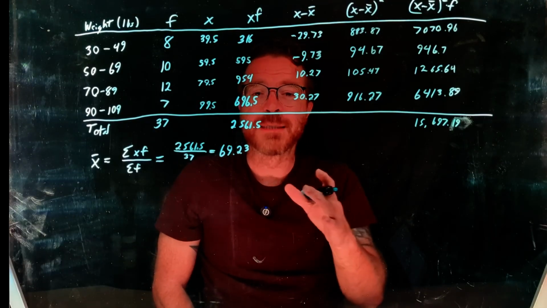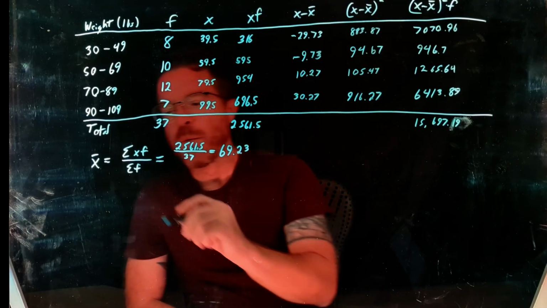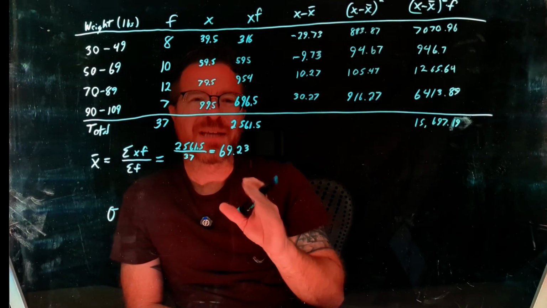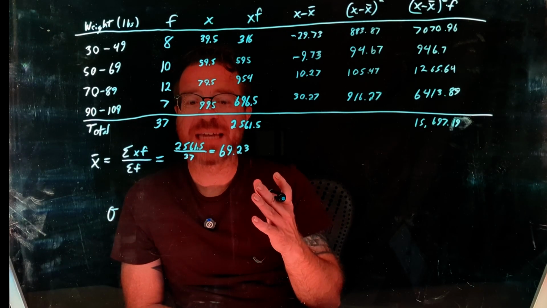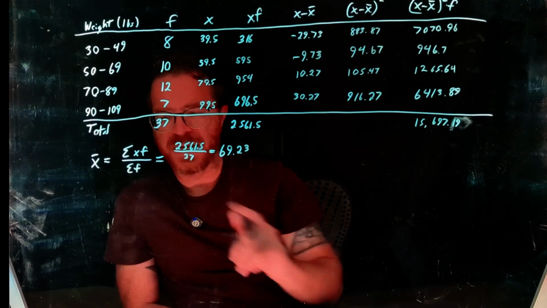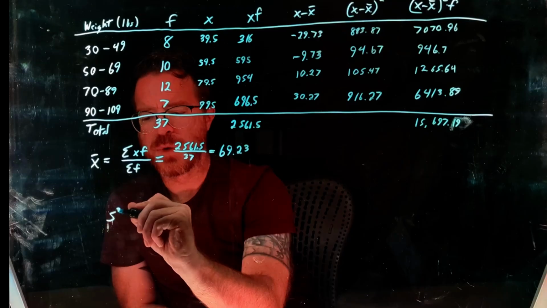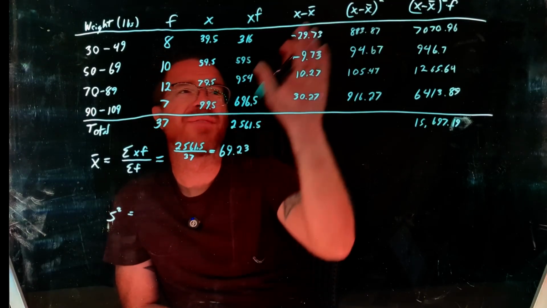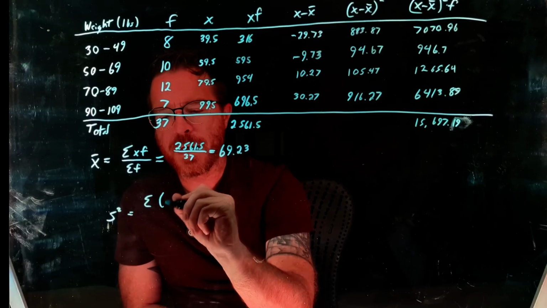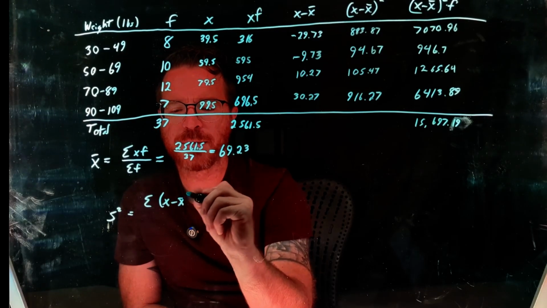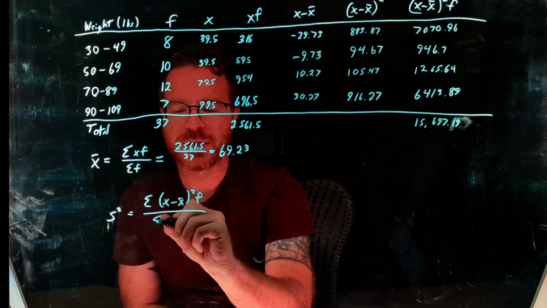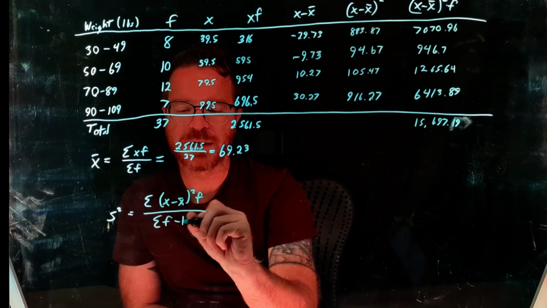Now, if you were asked at this point, what is your sum of squares? Well, if you remember, our variance is sigma squared, but in this case, let's assume that we have sample data. So if we're doing sample data, this would be s squared equals, because we have x bar, so we know it's a sample. This would be the sum of x minus x bar squared times the frequency over the sum of our frequency minus 1.